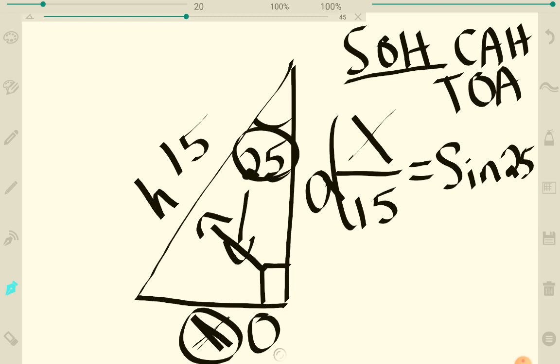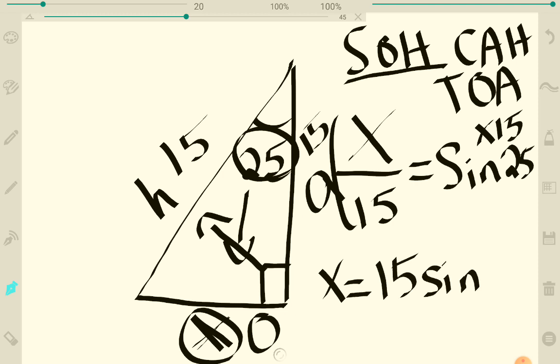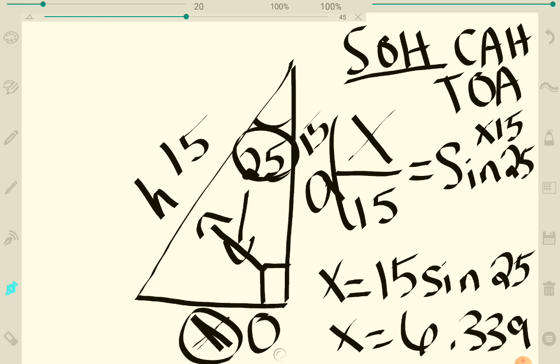You multiply both sides by 15, and you should get x equals 15 sine 25. If you plug that into your calculator, you should get 6.339, rounded to the thousandths decimal place.